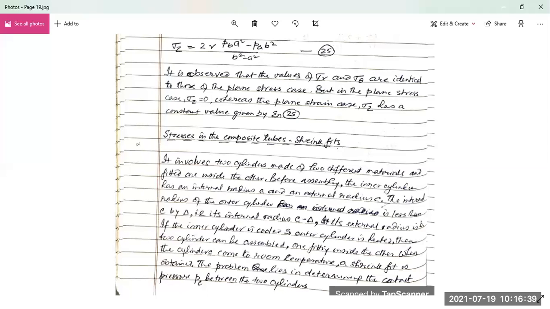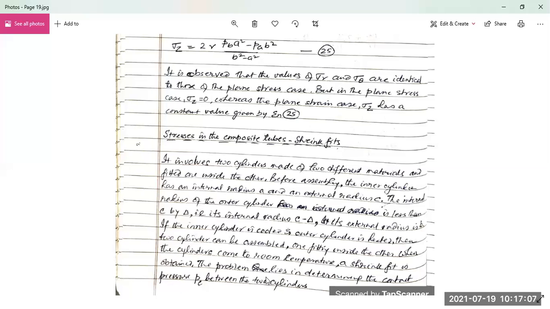We are cooling the inner cylinder and heating the external cylinder. So the inner cylinder is reduced to a certain extent in diameter and the external cylinder is increased to a certain extent in diameter. In the same position, if we press the inner cylinder inside the outer cylinder and slowly allow them to go to room temperature, what happens? They will grip each other and a shrink fit is achieved.